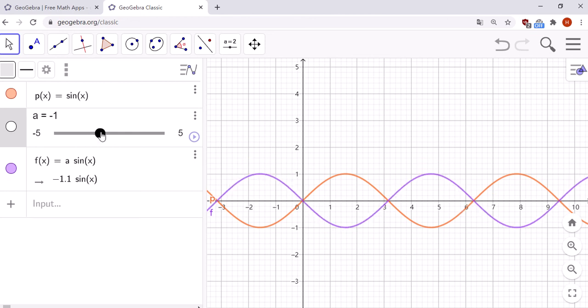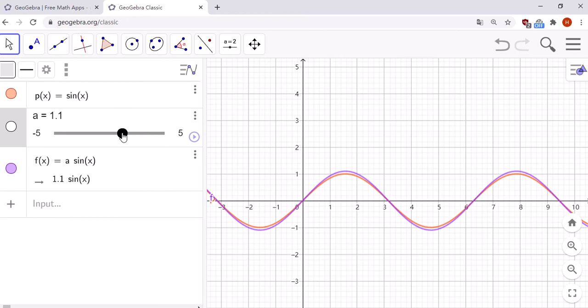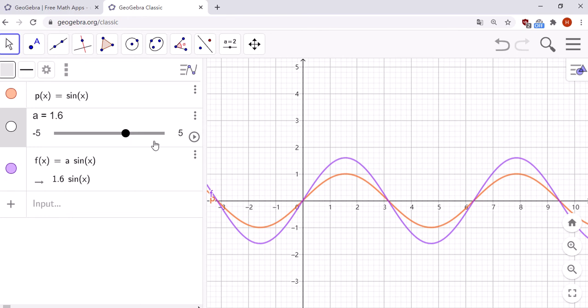Okay, next we change a to 1.5. So you can see this one is the maximum point, this is the minimum point.